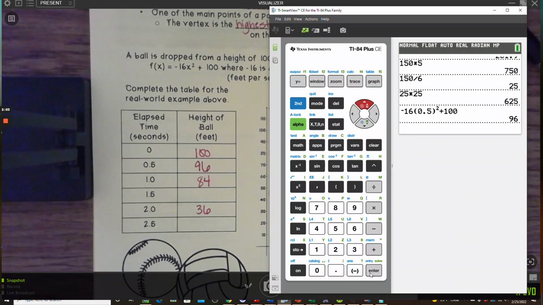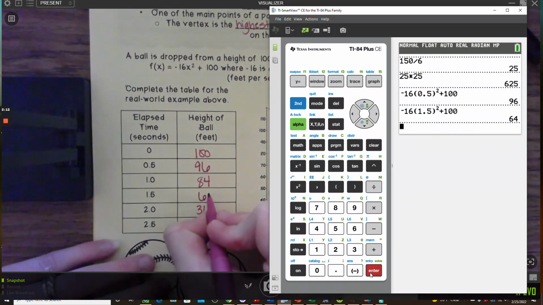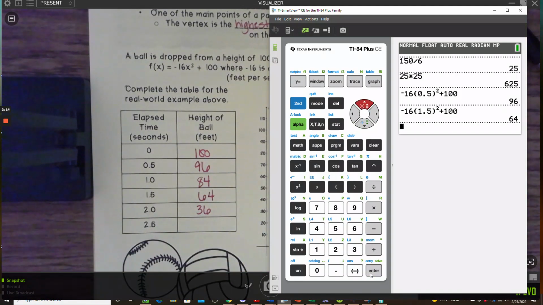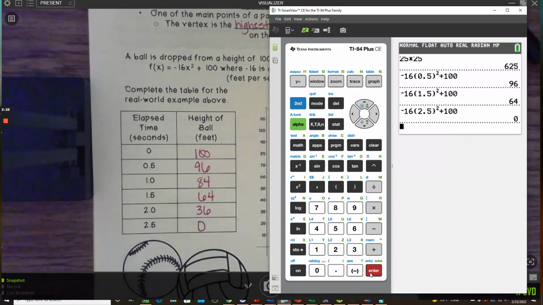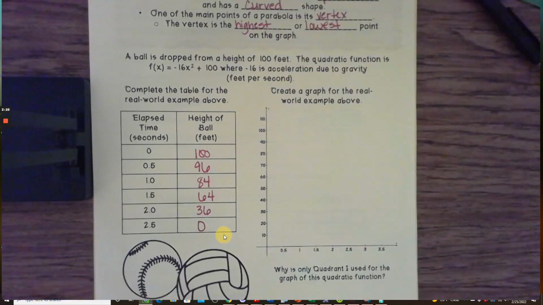To do it again, we can just go up. This time we swap that out with 1.5, and we get 64. Then we swap it out with 2.5, and that's a 0. So that's when it hits the ground.